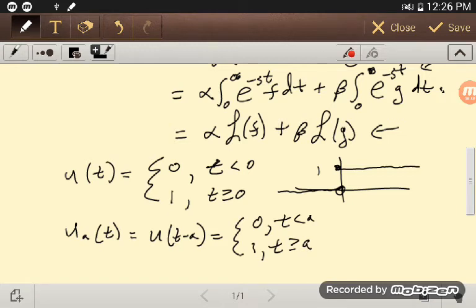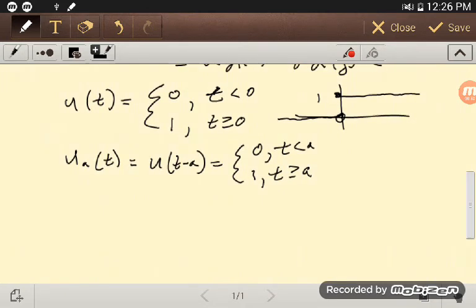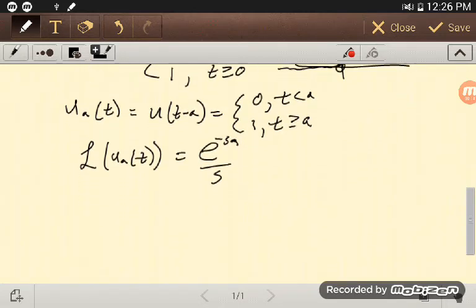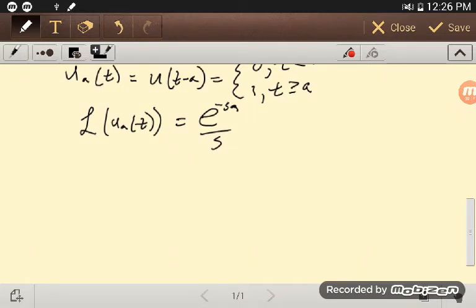So that's our unit step function, and we have this nice property that the Laplace transform of a unit step function at a is equal to e to the minus sa over s. We can see that simply by using our definition.